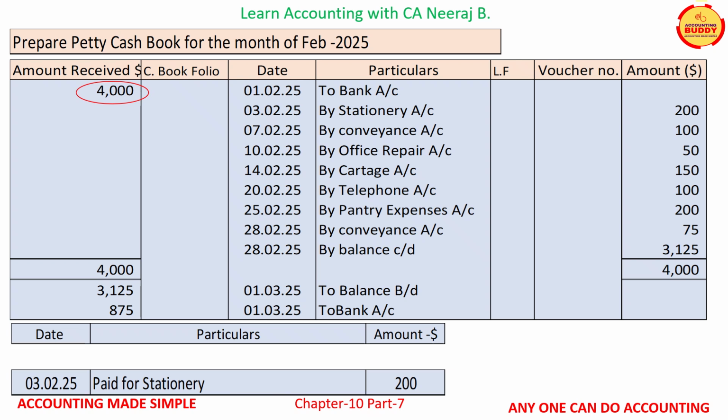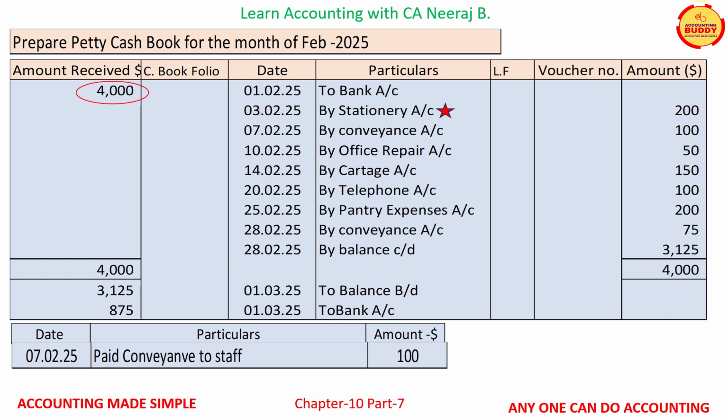On 3rd of February 25, business paid $200 for stationery. This transaction will be recorded on 3rd of February 25 by writing the words "by stationery account" in the particulars column for $200. On 7th February 25, petty cashier paid $100 as conveyance to one of the staff.